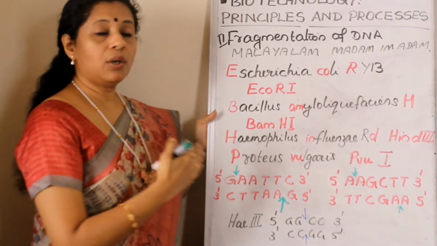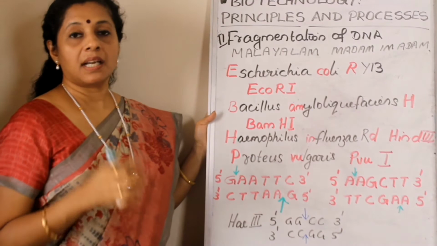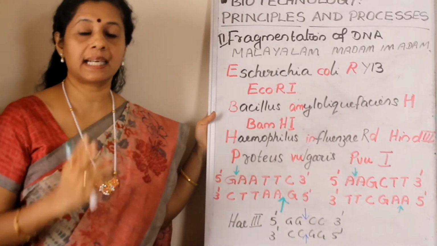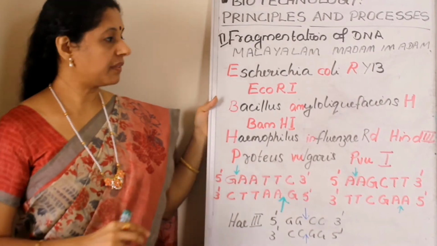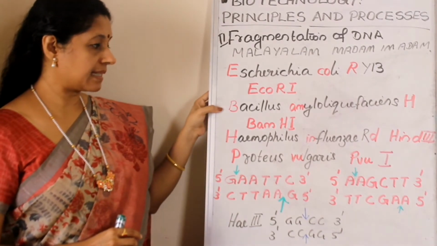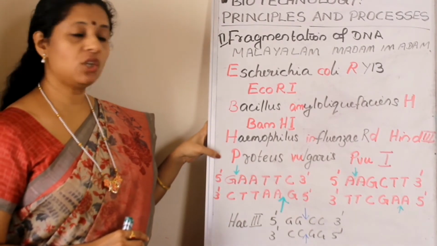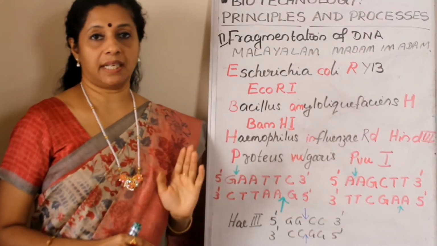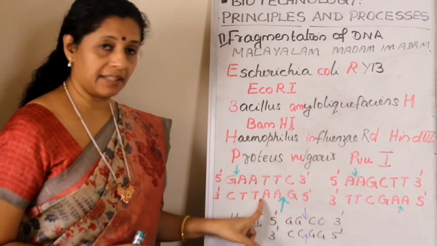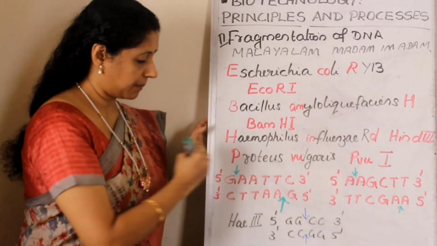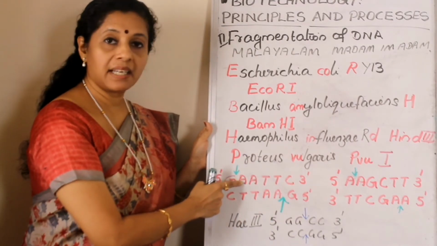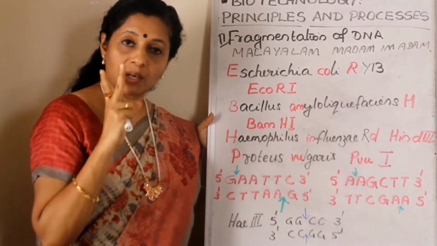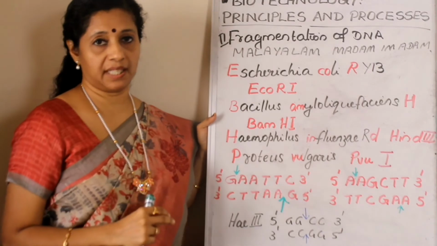Now, how do they make the cut? There are two types of type 2 restriction enzymes based on the way they cleave the DNA. Some of them, like EcoR1, BamH1 or PvuI, cut a little away from the center. Not exactly in the center, but a little away, here between G and A. These restriction enzymes make one cut on each strand of DNA.